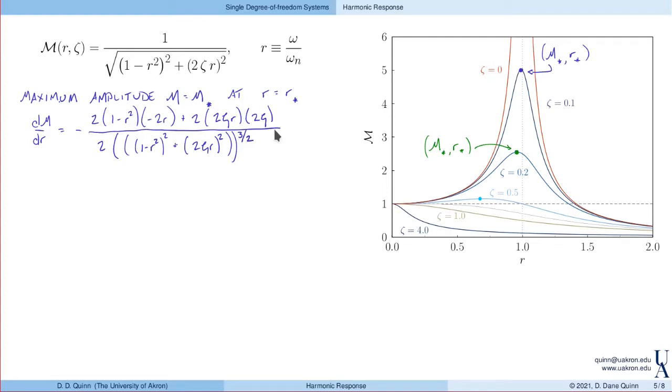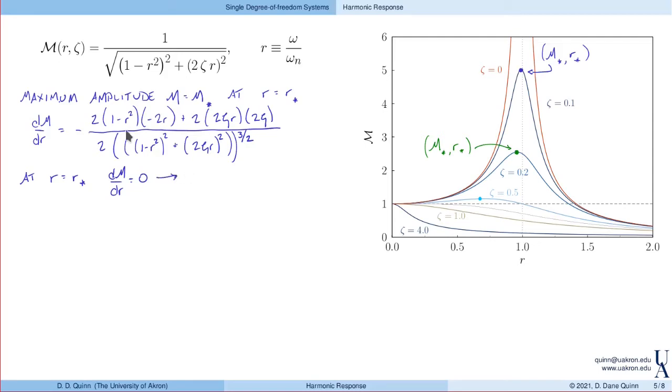So again, this is the derivative, and this maximum occurs when this derivative is equal to 0. Okay, well, the nice thing is that this vanishes when the numerator vanishes. And the numerator is much easier to deal with than the whole thing.